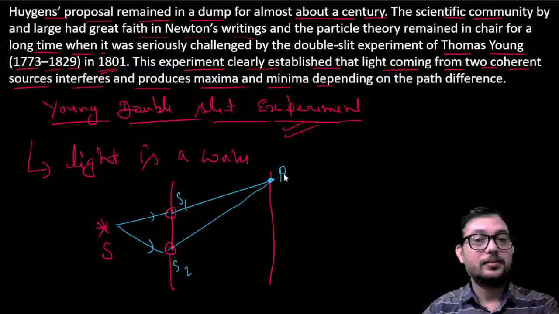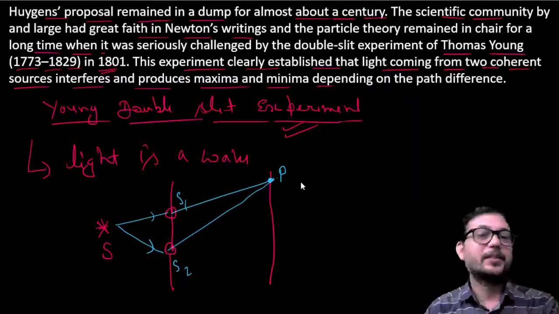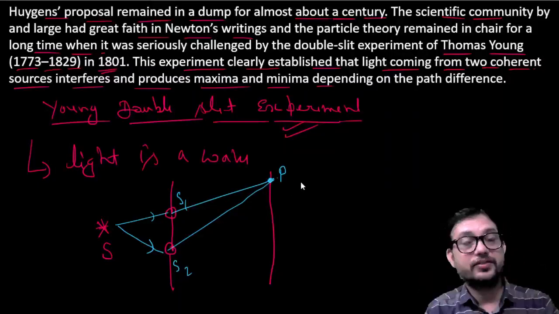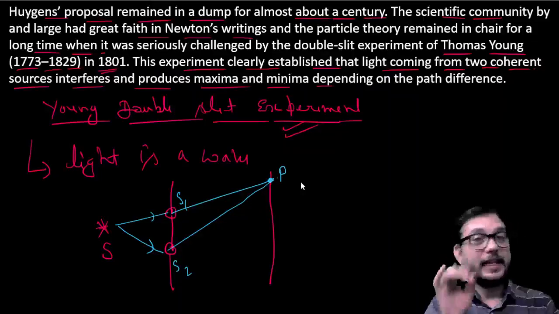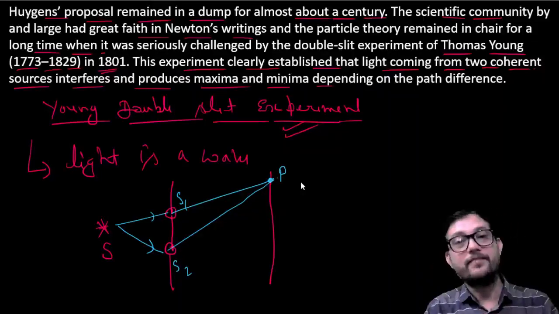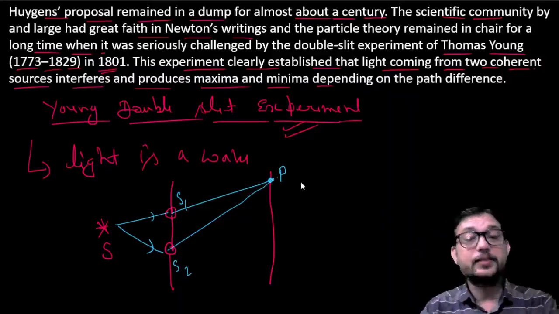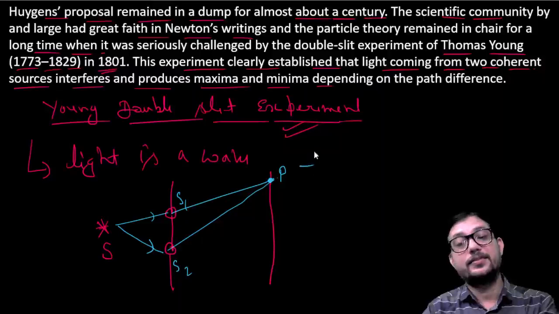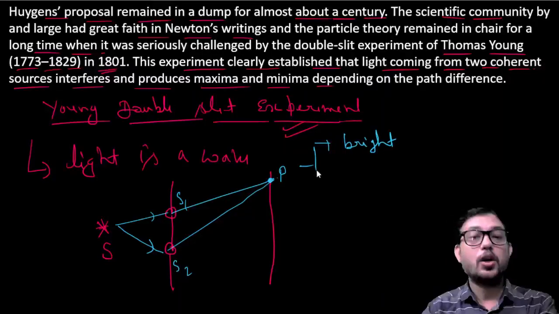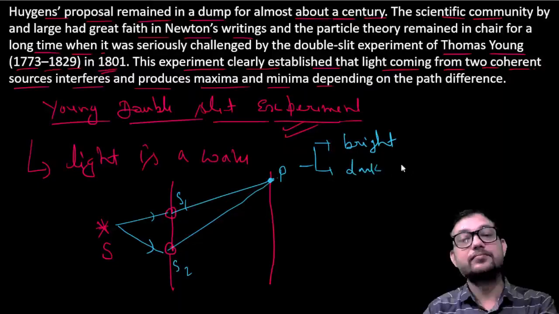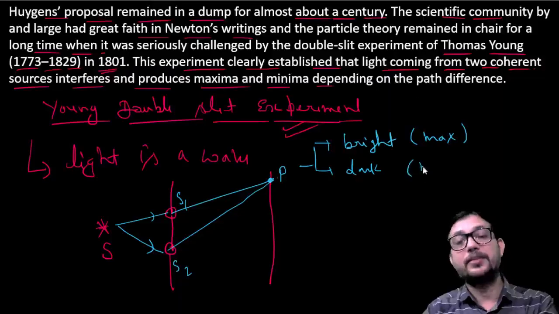Let the point P be the point at which the two waves coming from the slits S1 and S2 are superposing. Then we get a unique thing there: it may be bright or it may be dark. Bright means maxima and dark means minima.